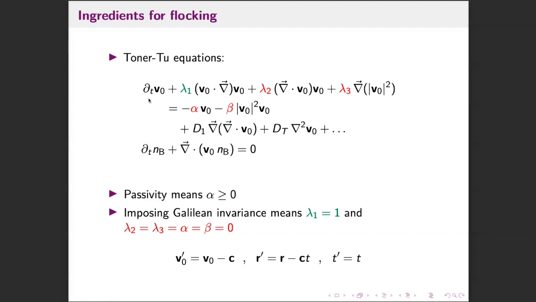The effect of viscosity comes from the basic terms, basically. Sure. But these Toner-Tu equations are derived when you assume that the speed is constant. No, no. Well, this is v0, right? If the gradient of the speed is 0, then you're automatically back into Galilean invariance.